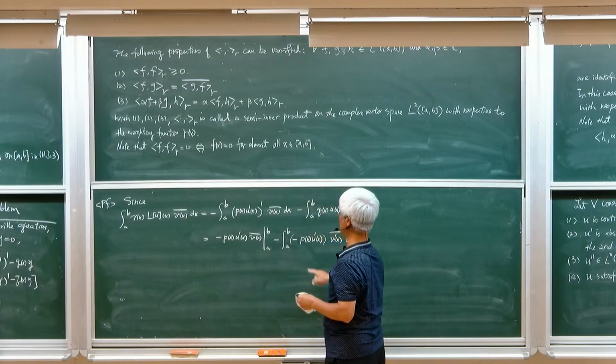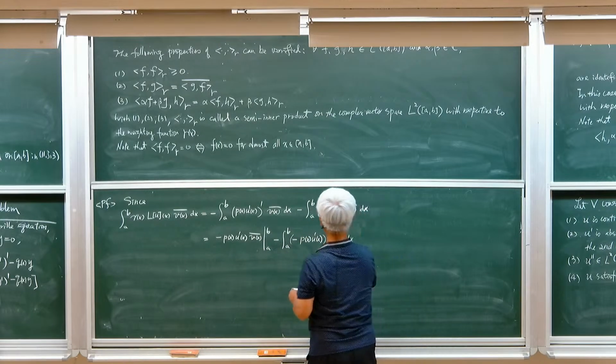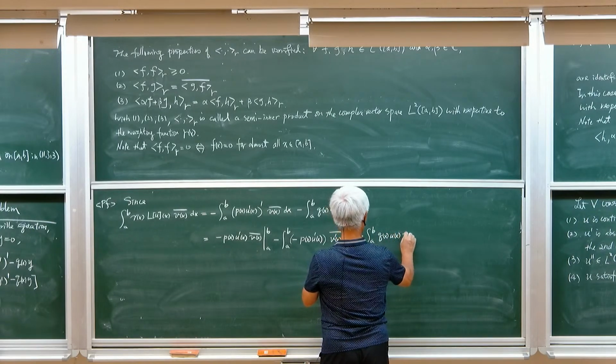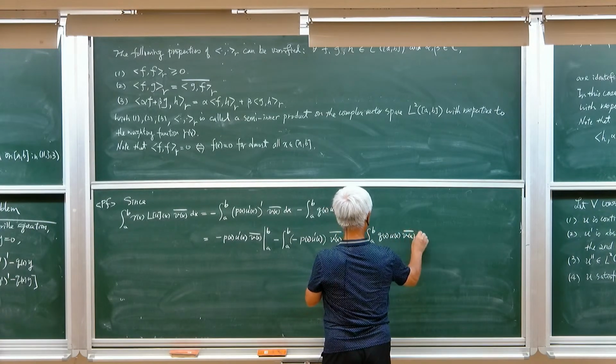This is from integration by parts. And here we have minus the integral from a to b of q of x, u of x, v of x bar dx.